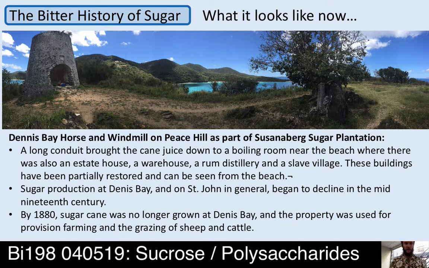But it's quite hauntingly peaceful, given the intense history that happened in that place. So, anyways, by about 1880, fairly late actually, sugarcane finally left the island.